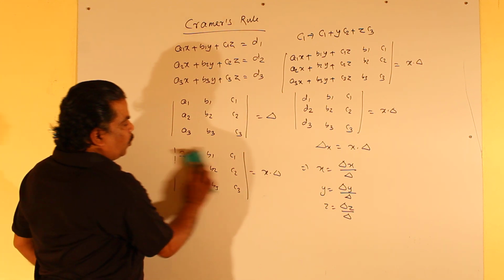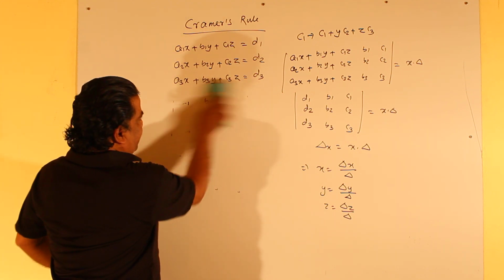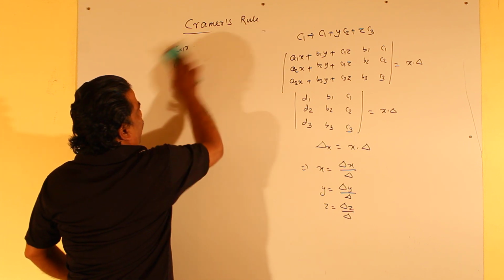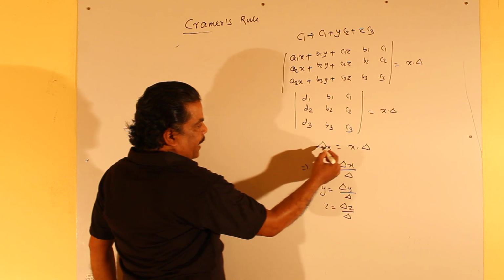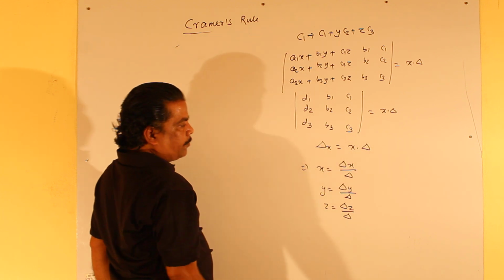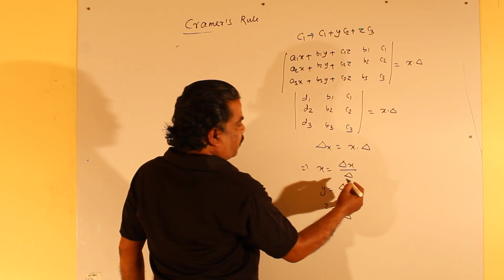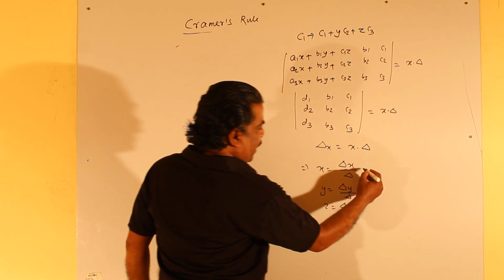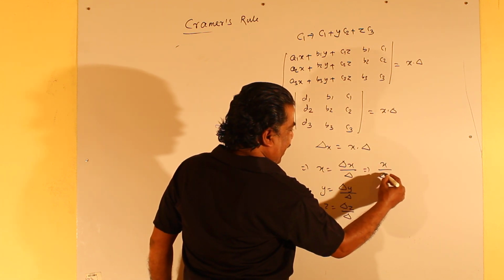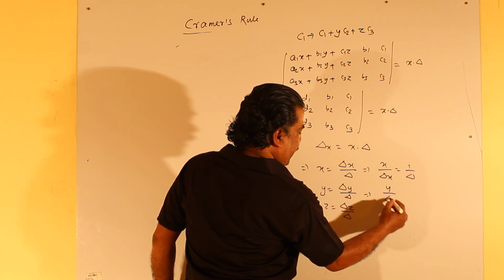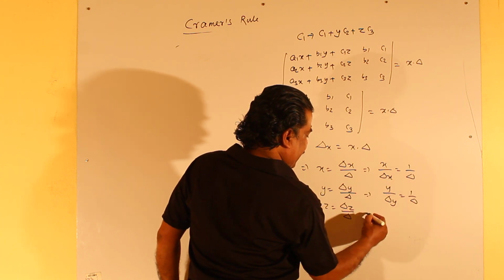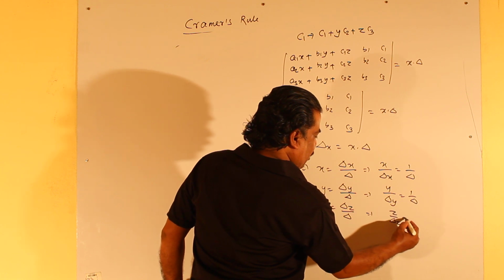Now the rule of Cramer's rule is given as: delta x into x is equal to delta. So x by delta x is equal to 1 by delta, y by delta y is equal to 1 by delta, z by delta z is equal to 1 by delta.